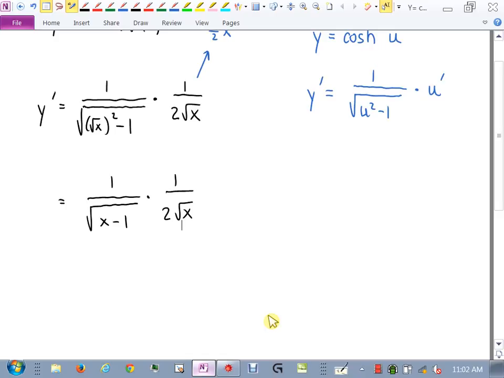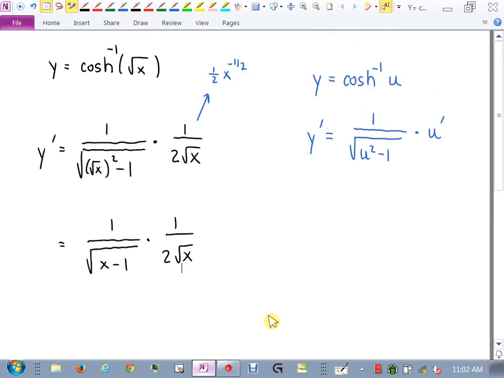Does that match what the book has there, or close to it? Does the book have 1 over... Oh, they put the square root of x out in front of this?